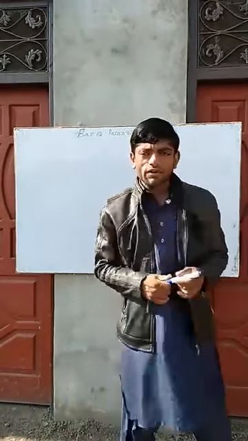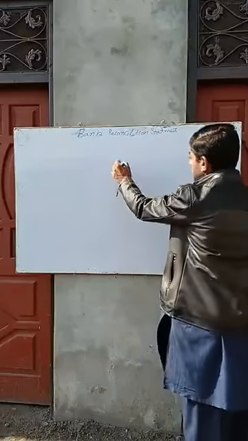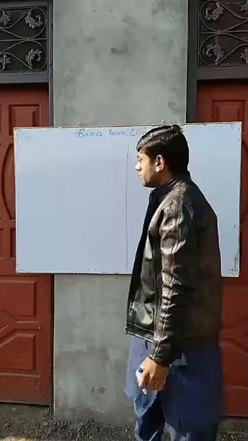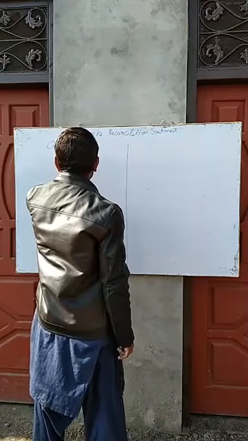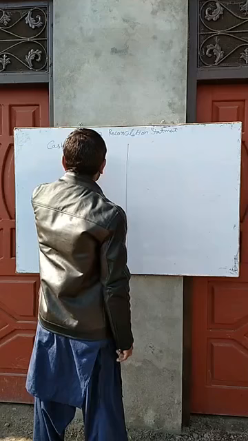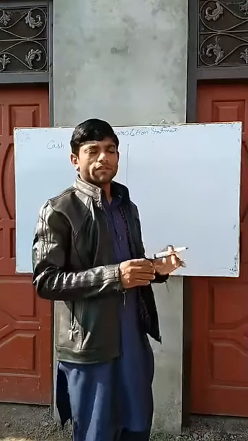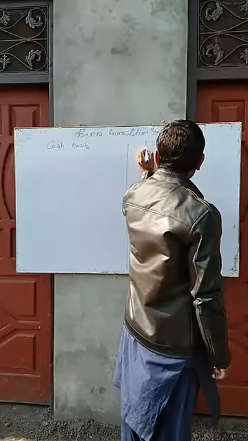First of all, we must know the opening balance of cash book and passbook. So I divide into two sides. The first one is cash book. Now give full attention, because each and every point is very important. Don't skip any point.